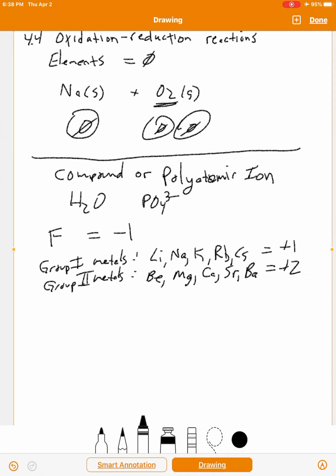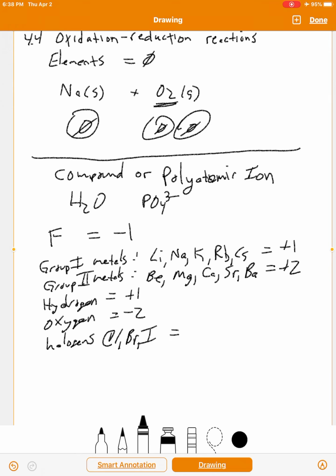Next one, hydrogen. It's given the value +1. Oxygen is given the value -2. The halogens, chlorine, bromine, and iodine, are given the value -1. These are all listed in table 4.5.